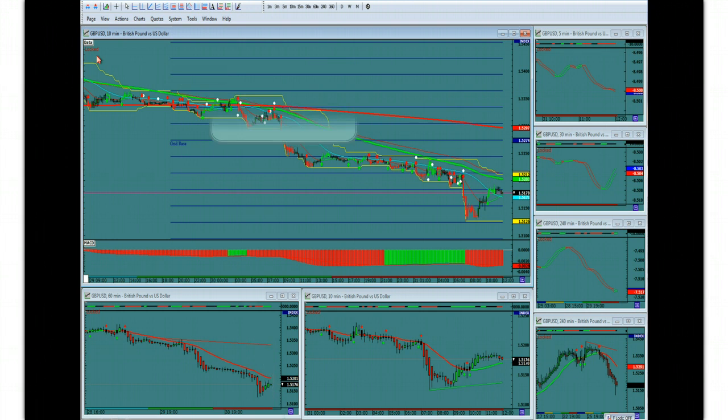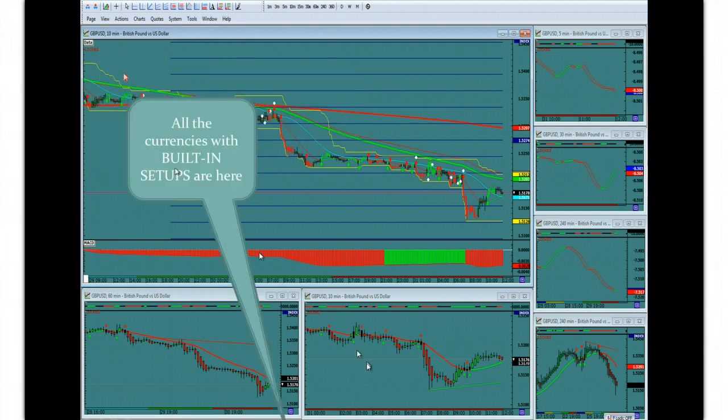Oh, sorry. Down here across the bottom, you can see there are all these different currencies. Each one of these, there are two chart setups for each of the major currencies. Now, if you're taking a demo, you will only have the 9 currencies. You won't have all the 20 that we use.